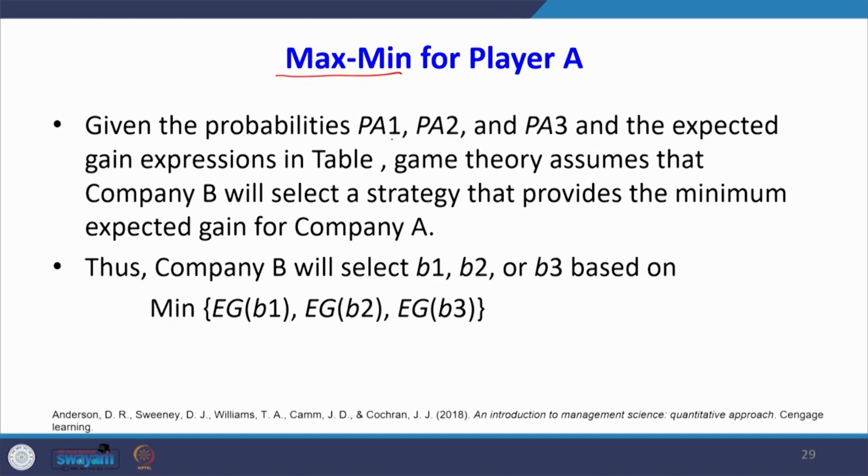Given the probabilities PA1, PA2 and PA3 and the expected gain expressions in the table, game theory assumes that company B will select the strategy that provides the minimum expected gain for company A, because B will restrict the gain of A. So company B will select B1, B2 or B3 based on the expected gain of A, that is, the minimum of the expected gain of B1, expected gain of B2, expected gain of B3.